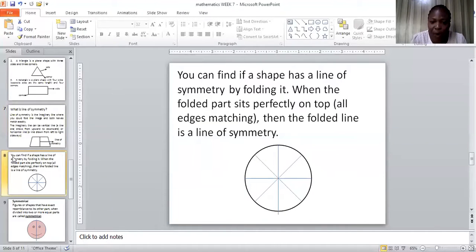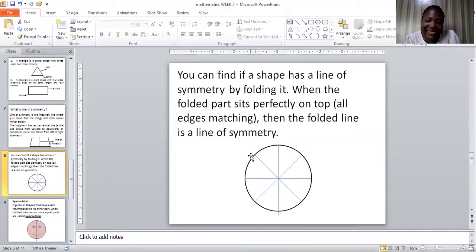Can you see the shape on the screen? Can you see this imaginary line, the vertical line? That is the line of symmetry, dividing this circle into two equal parts. Or you take the horizontal line, dividing it into two equal parts.